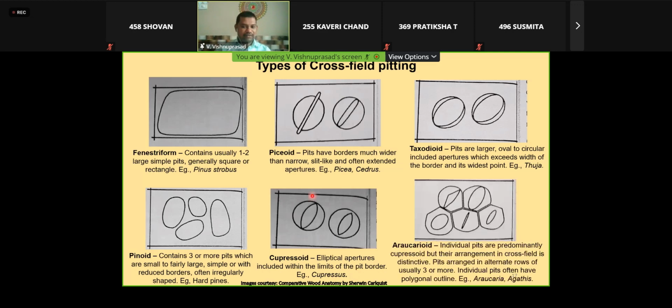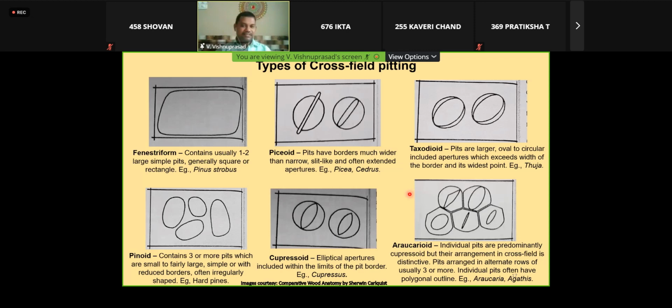So they are Araucaria. The name itself is telling you, Araucaria, Agathis. So cross-field pitting, as I said, becomes a very important key feature to be understood. And this gives you a very clear idea about what genus the wood could be, to a large extent. Okay. Then coming to the next one, this is about ray seriation.